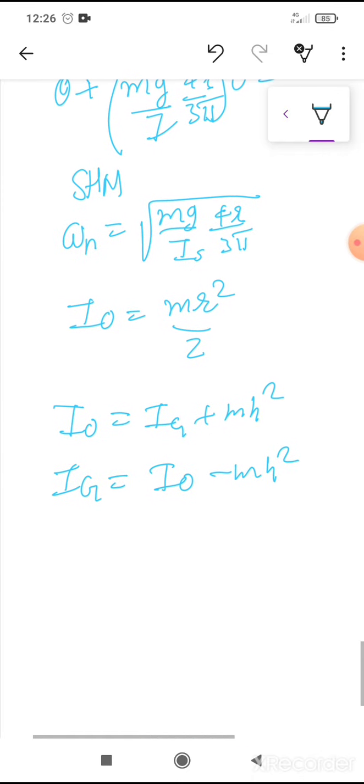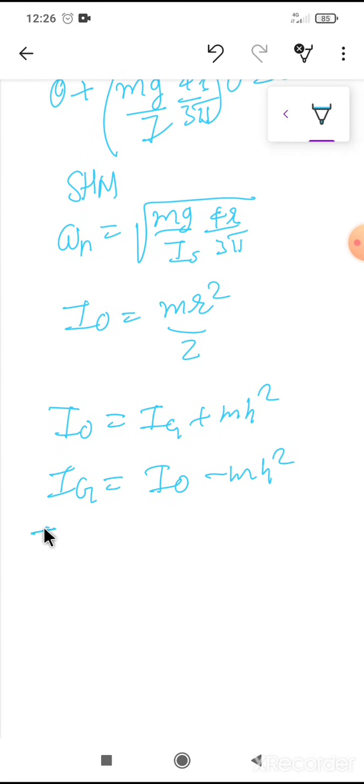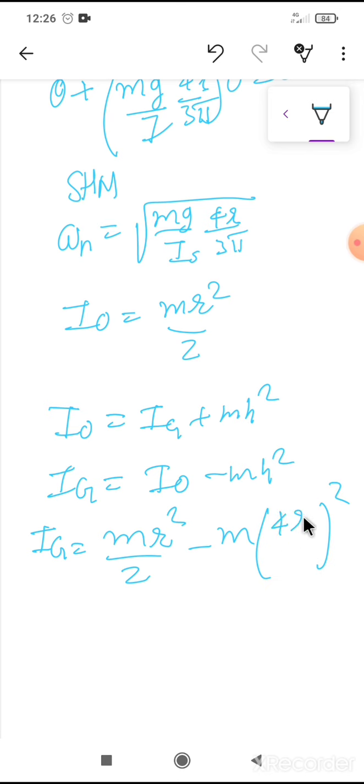So IG will be equal to IO, which is mr square by 2, minus mh square. Now what is h? h is 4r by 3 pi. So let's take m as common.